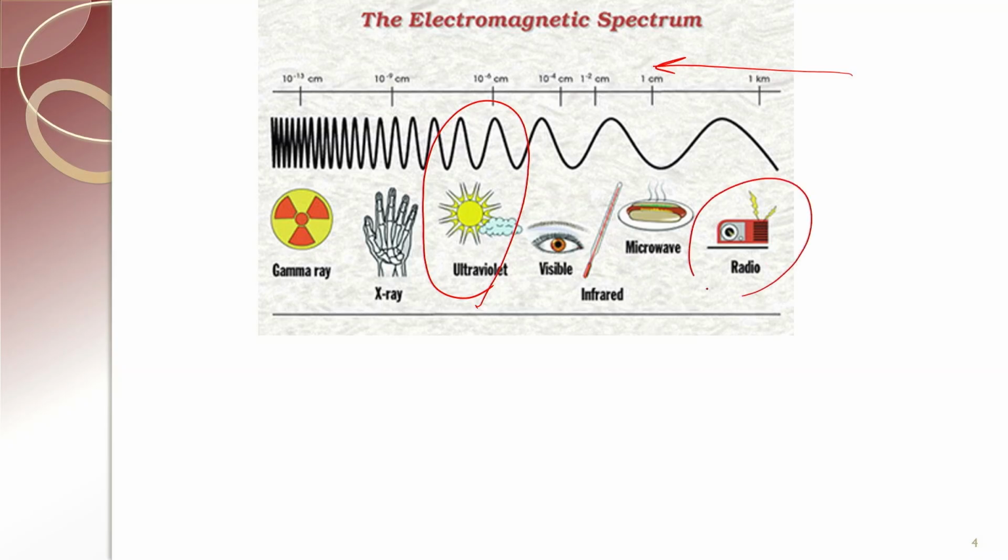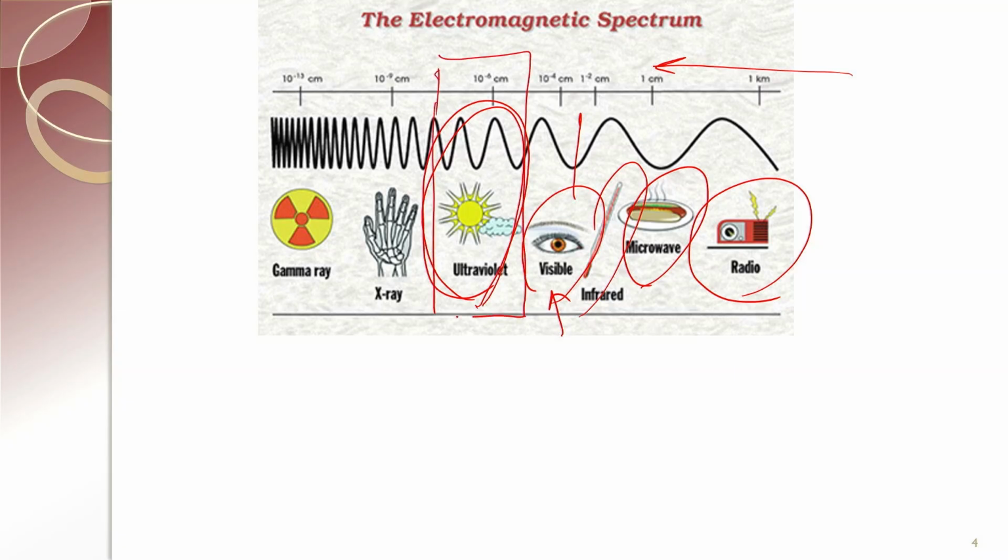This is the radio wave, here is the microwave, infrared, and this is visible light, and in this zone we get the ultraviolet ray from the sun. So, our area of concern is this zone. For that we need to develop different types of protective textiles.